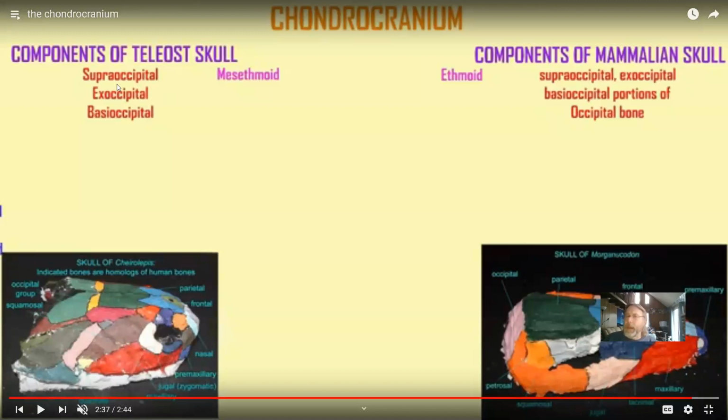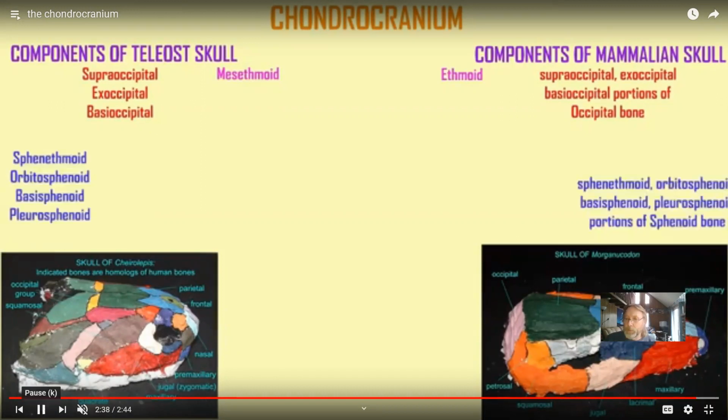So a teleost fish, like a bass or a trout, like a bony fish, they have separate bones derived from the chondrocranium, a supraoccipital, a basio-occipital, and two exo-occipitals. So these are bones derived from cartilage of the chondrocranium. In mammals, these simply then fuse together as part of the occipital bone.